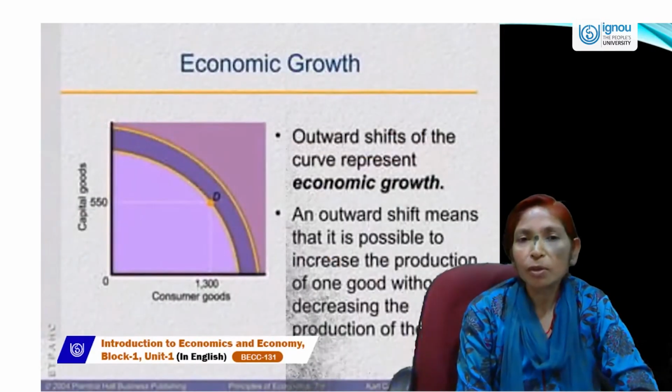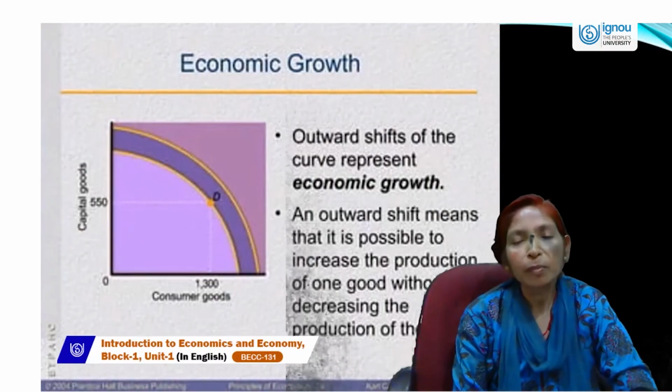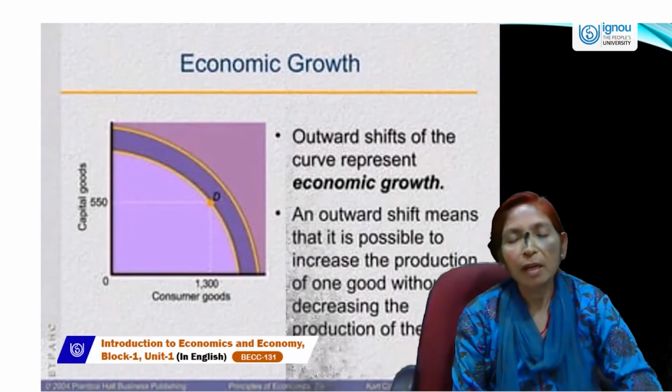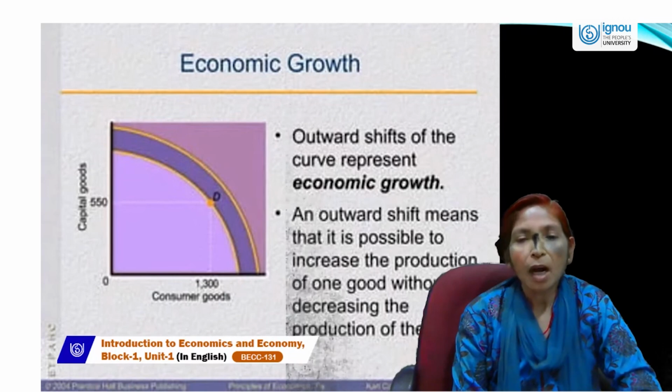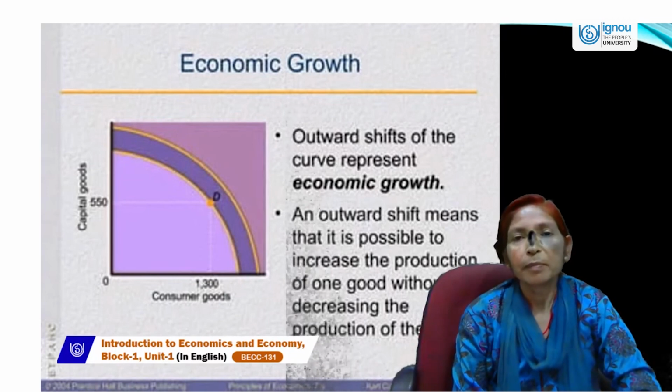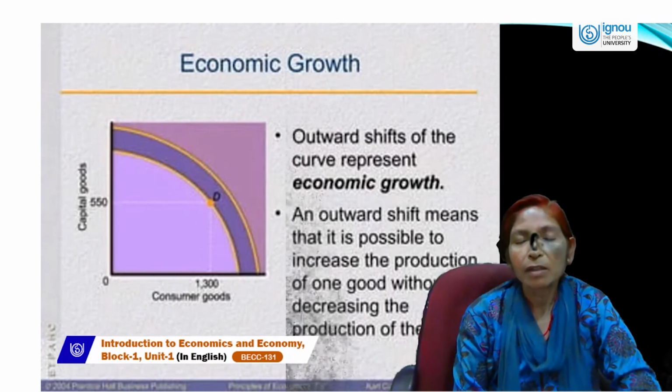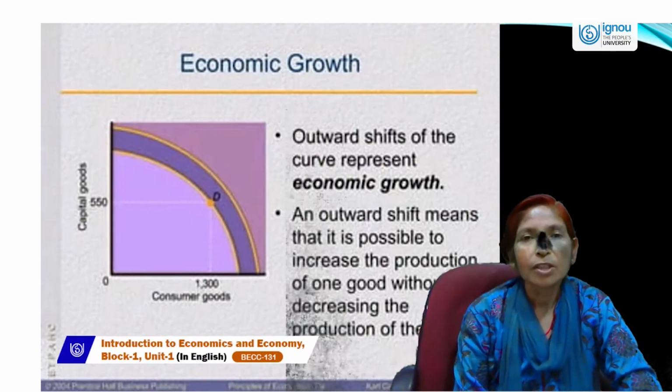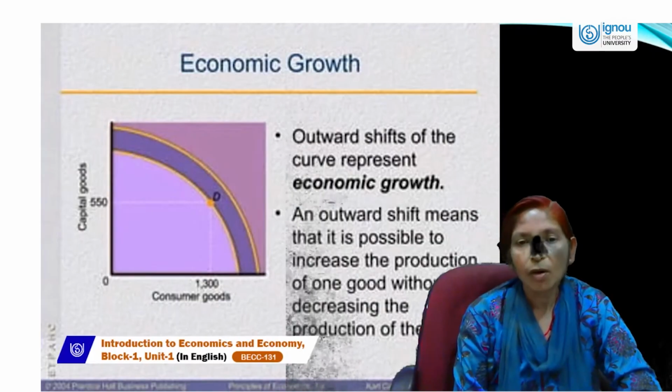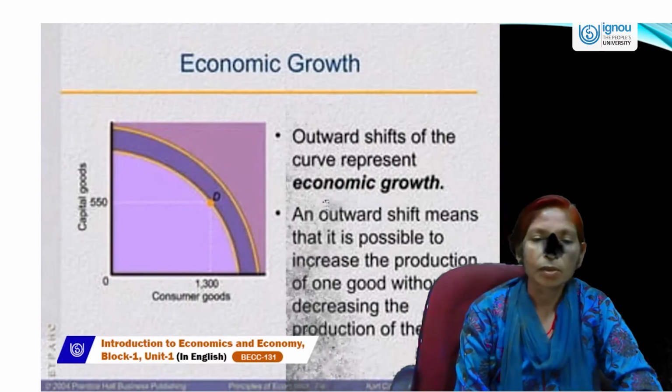Next is economic growth. Economic growth can also be described with the help of a PPC curve. An outward shift of the curve represents economic growth. If this curve shifts to the right hand side, or there is an outward shift of the production possibility curve, it represents economic growth.